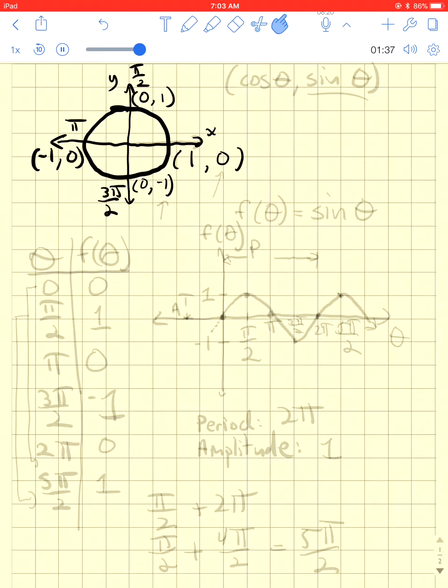Theta and f of theta, which is basically our XY chart. So we're going to continue the knowledge of the unit circle, but we're going to try to graph the basic functionality of it. We say, okay, if theta is 0, then f of theta is what?